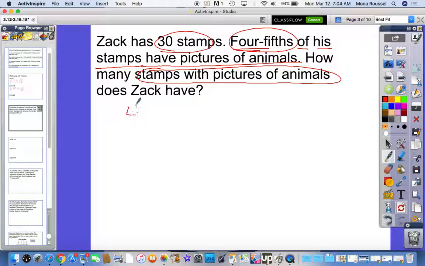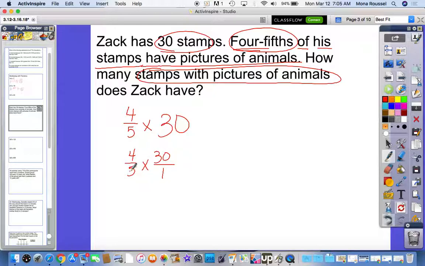4/5 of his stamps have pictures of animals, and of means multiply. We know 4/5 of his total number of stamps have animals on them. So we'll multiply 4/5 times 30 over 1. We can't cancel anything or reduce anything with the 4 and the 5. And we know nothing will reduce with a 1.